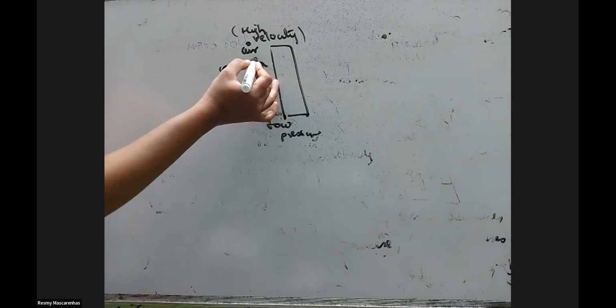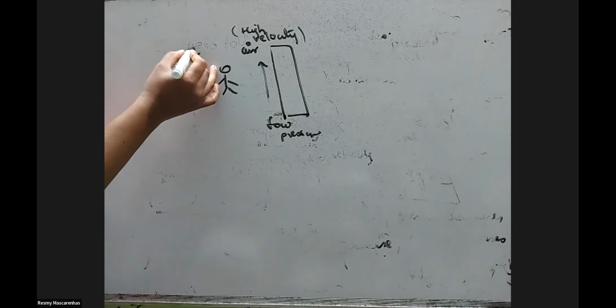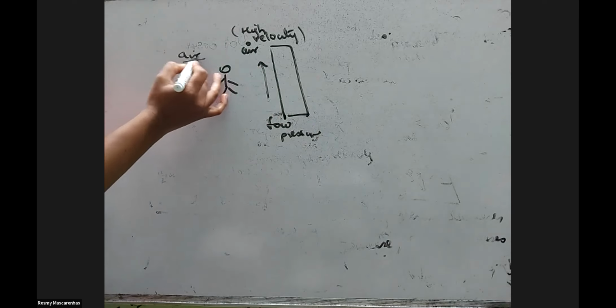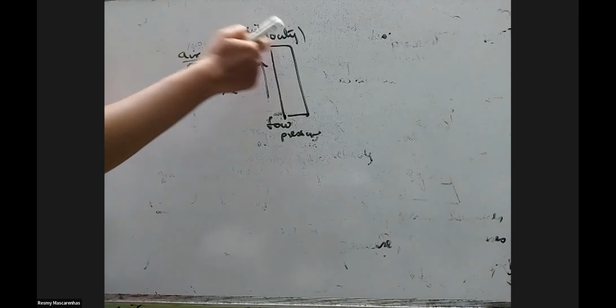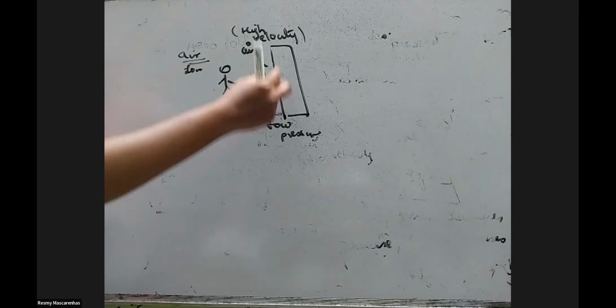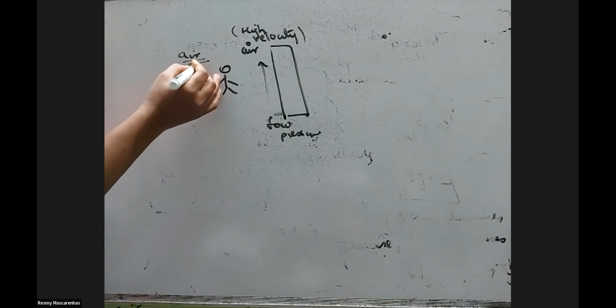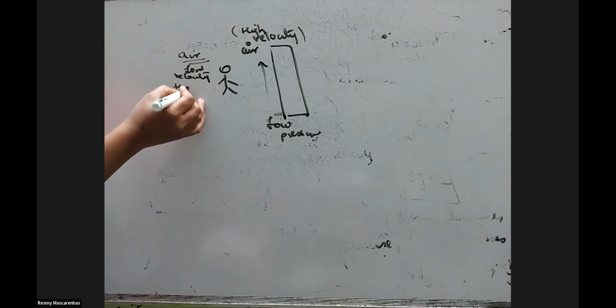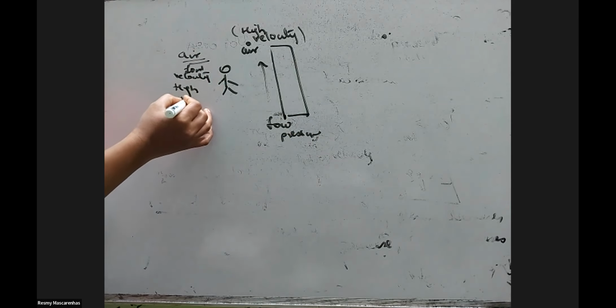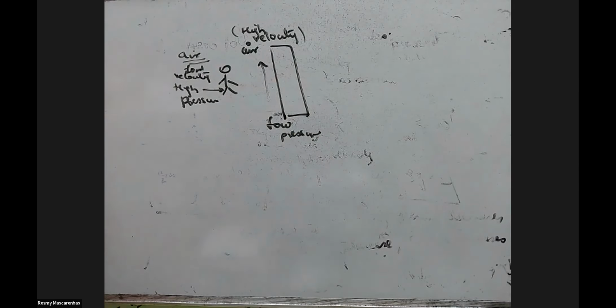Now compared to this air, where the person is standing, this air will be at low velocity compared with this, because this is moving very fast along with the train. So there will be high pressure. This high pressure will try to push the person towards the train.